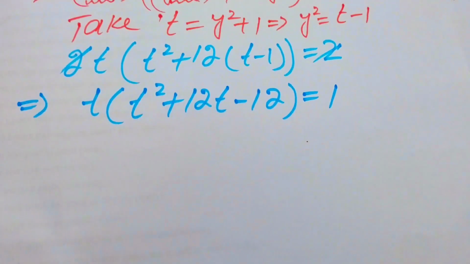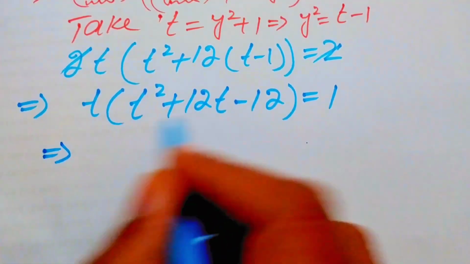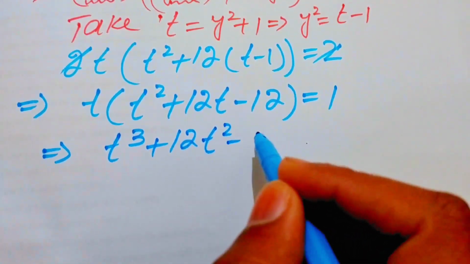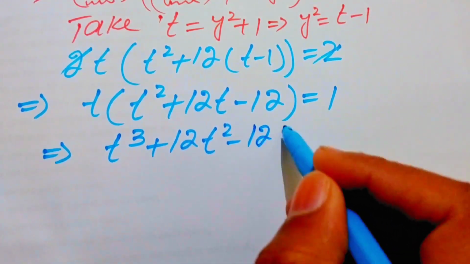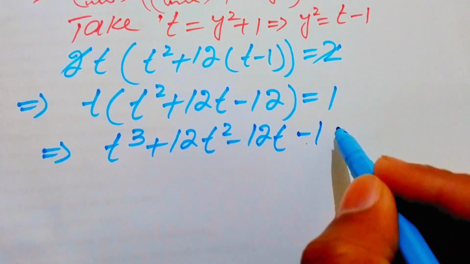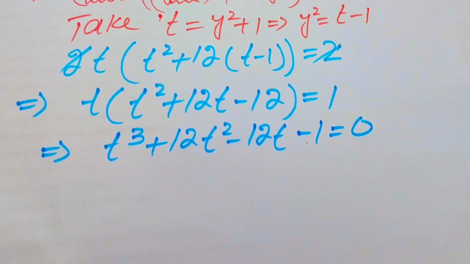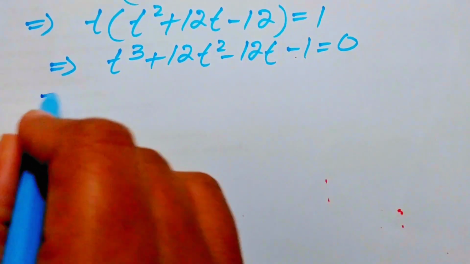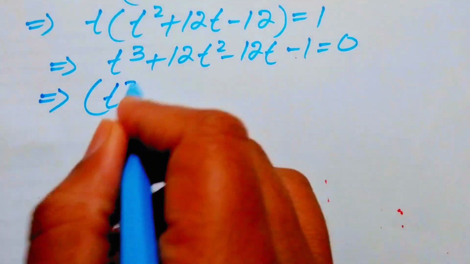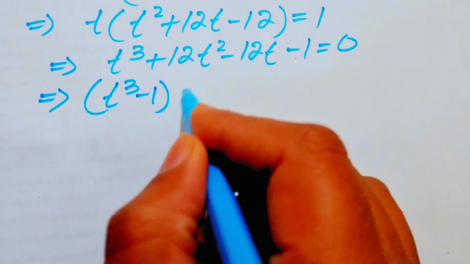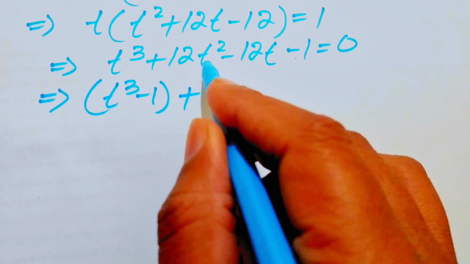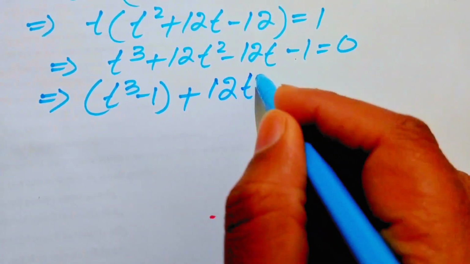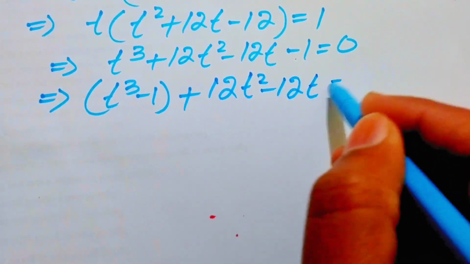And now we multiply this t on each term, and we get t cubed plus 12t square minus 12t, and we move this 1 to the left hand side, and it becomes minus 1 equals 0. So here we rearrange these terms as (t cubed minus 1) plus 12 times (t square minus t) equals 0.